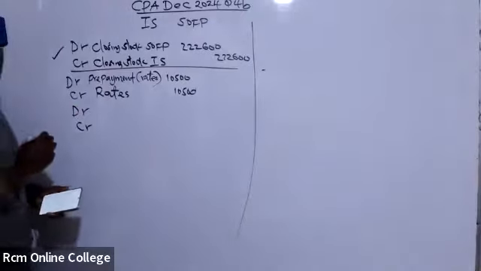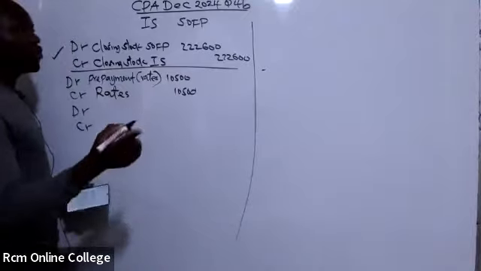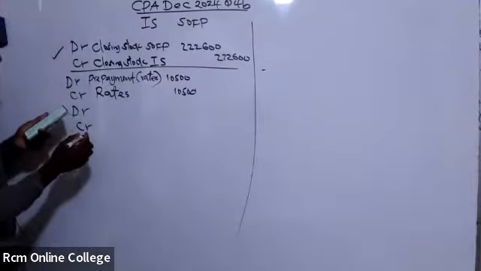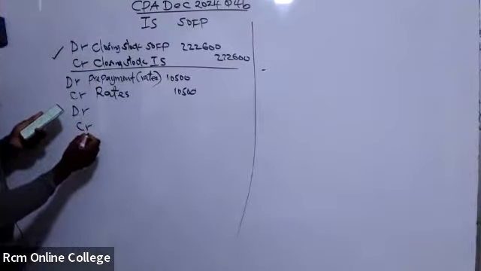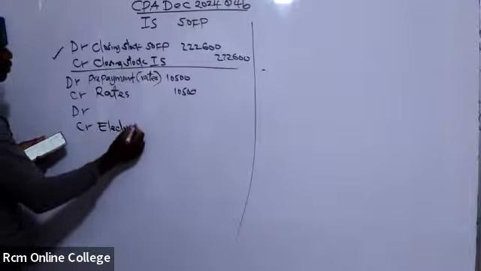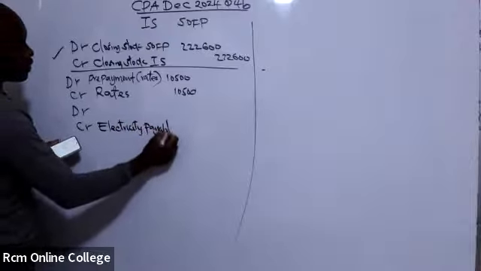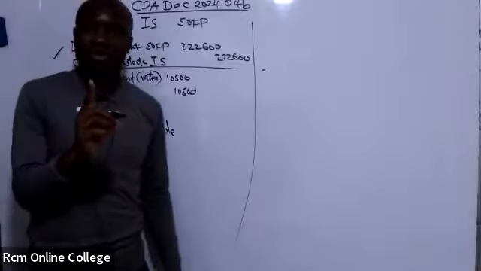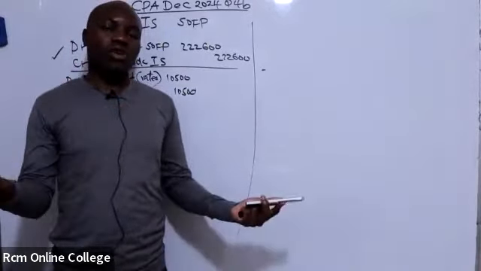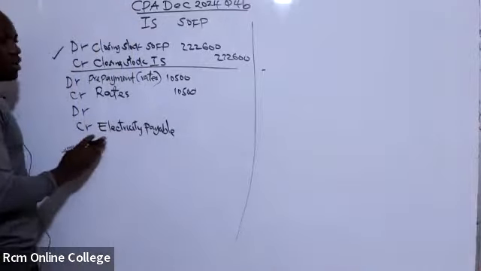An increase in liability will be credited. So we talk about accrued electricity or electricity payable. The secret here is to identify one account which you are sure of how it will be affected. Then the other one automatically will appear. For example, I know the liability will go to this account.